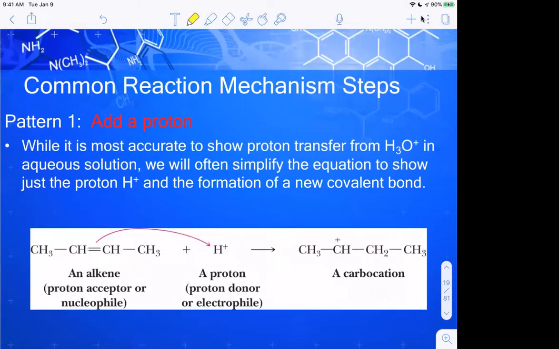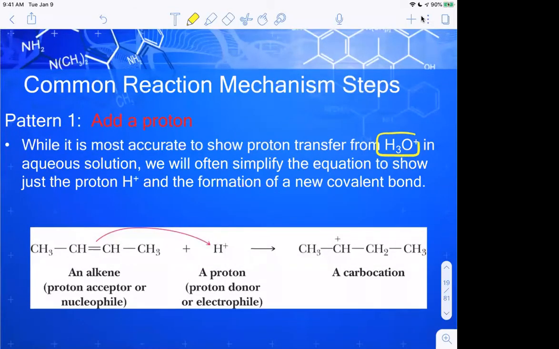Now, while it's most accurate to show proton transfer with H3O+, because remember, as soon as H+ is formed, it's going to react with water, and basically what I form is H3O+. Organic chemists still indicate this proton as an H+ in reaction mechanism.